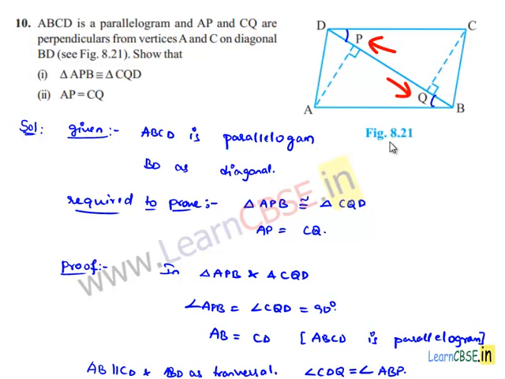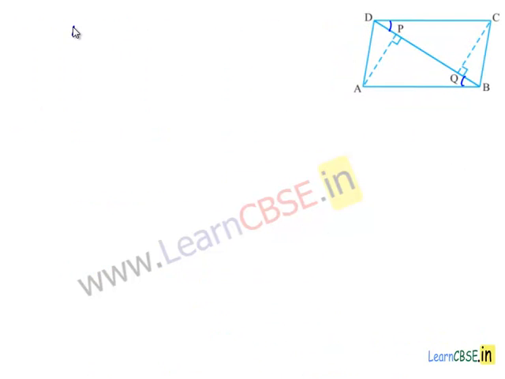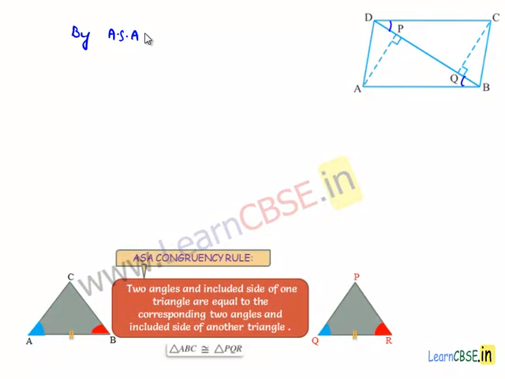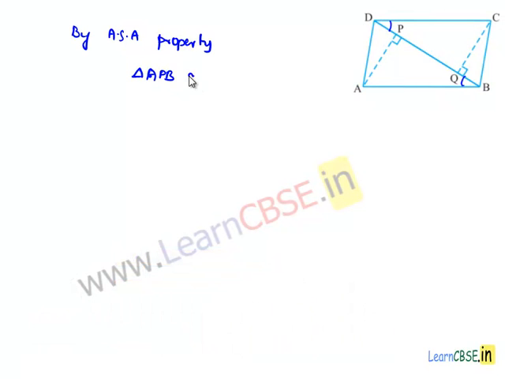So here in two triangles, the two corresponding angles and a side are equal. So we can say by ASA property of congruence, triangle APB is congruent to triangle CQD.